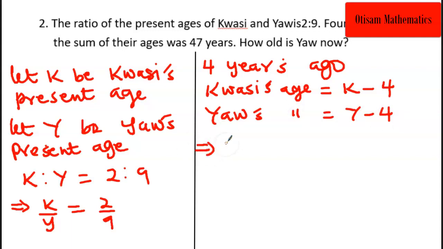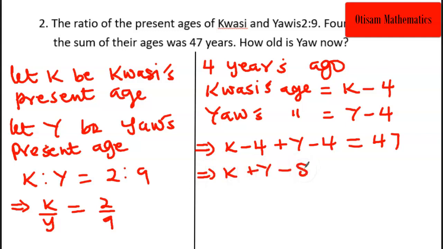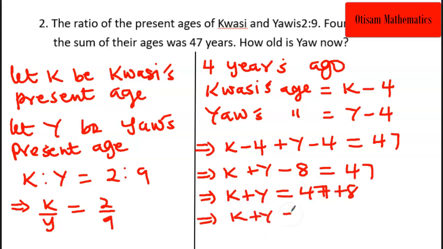So this implies that K minus 4 plus Y minus 4 should give us 47. Now care must be taken. So K plus Y minus 8 is equal to 47. So we can say K plus Y is 47 plus 8. So K plus Y is equal to 55. That's our second equation.